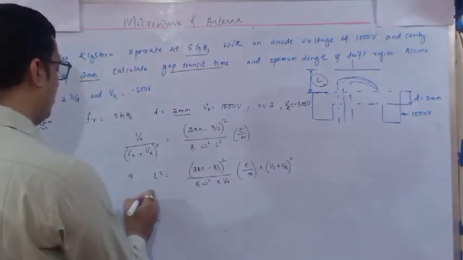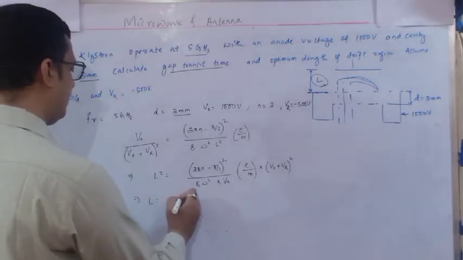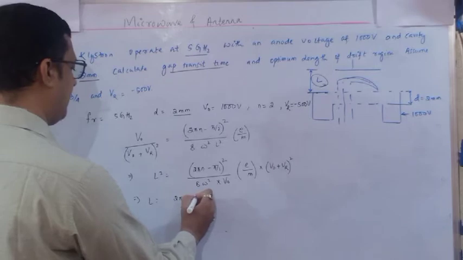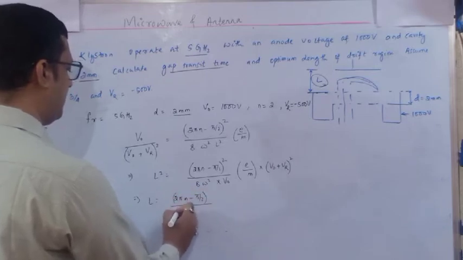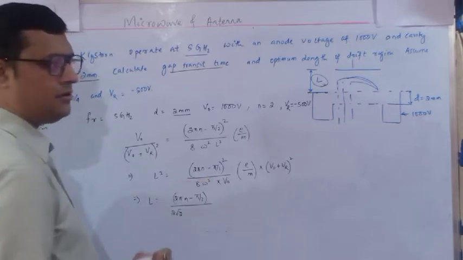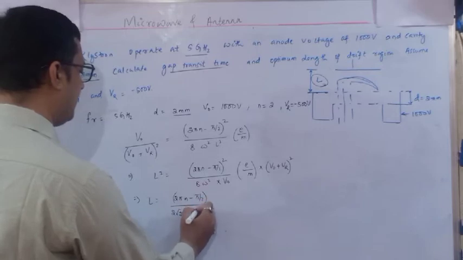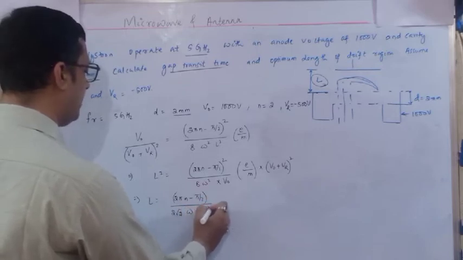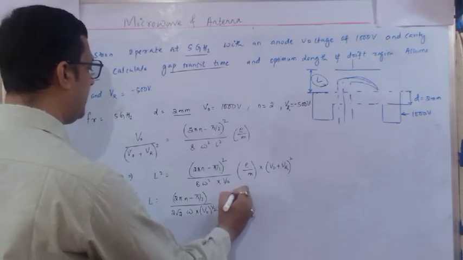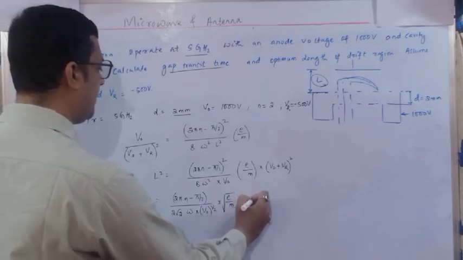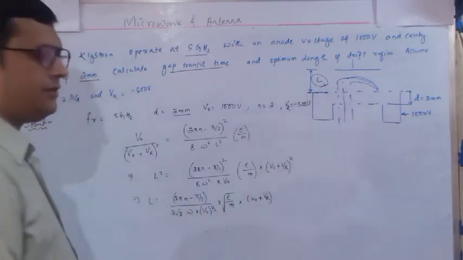Take this root, this right hand side, you will get 2 pi n minus pi by 2 whole divided by 2 root 2, 8 square root is 2 root 2, omega into V naught to the power half, E by M, that is root over of E by M, and V naught plus VR. So square root value is this much.